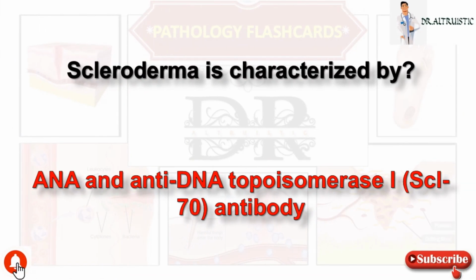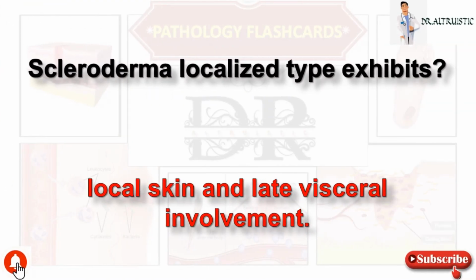Scleroderma is characterized by ANA and anti-DNA topoisomerase I (SCL70) antibody. Scleroderma localized type exhibits local skin and late visceral involvement.